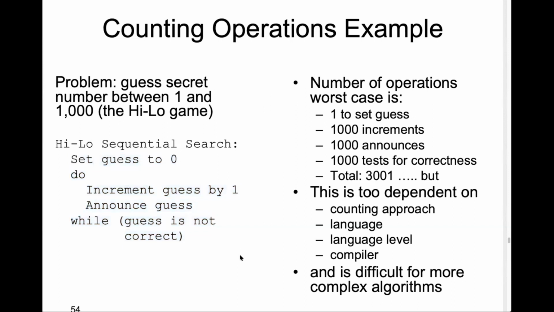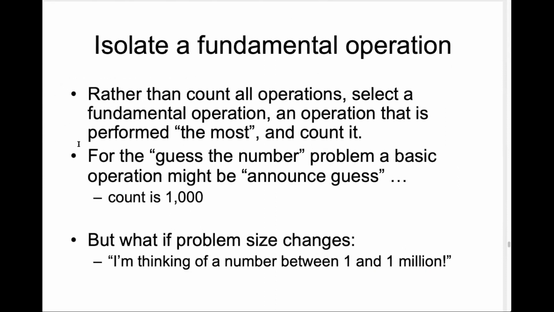So this is simple because we've got only 3001 operations. What if you have something that is very, very complicated, an algorithm that takes several pages to write? Of course, no one's going to have the time to sit there and start counting the number of operations. So generally, what we like to do as computer scientists is generalize the number of operations that we've got.